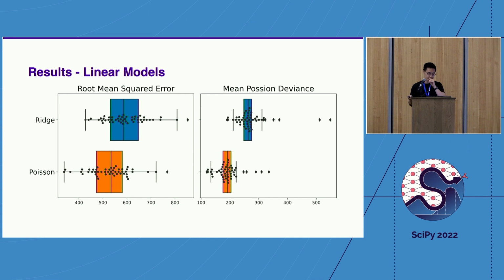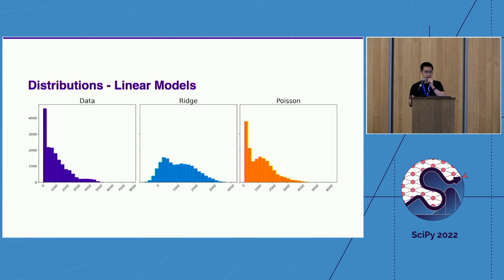So the Poisson in this case better represents the data. Another way to look at this is using the distributions. Here we have the predicted distributions of our linear models. In this case, I took the predictions on the test sets that we saw before and made a histogram.